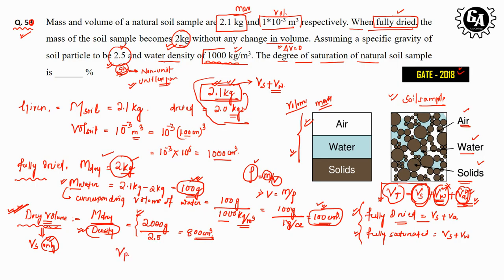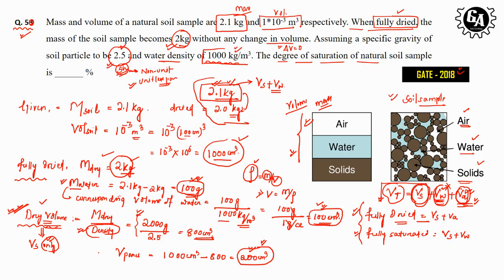The volume of pores is equal to the total volume, 1000 centimeter cube, minus the dry volume, that is your 800 centimeter cube, which is equal to 200 centimeter cube. This is the volume of pores.